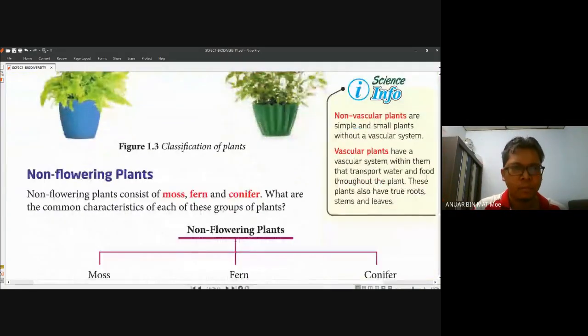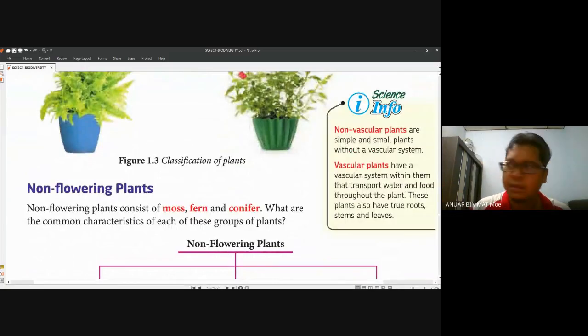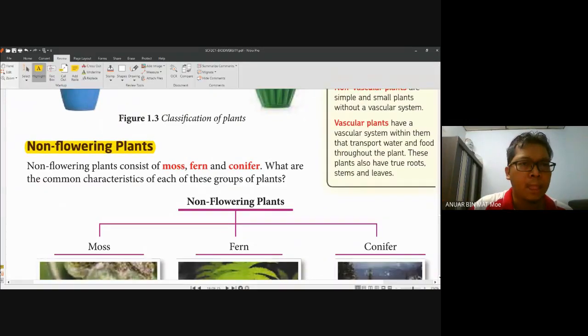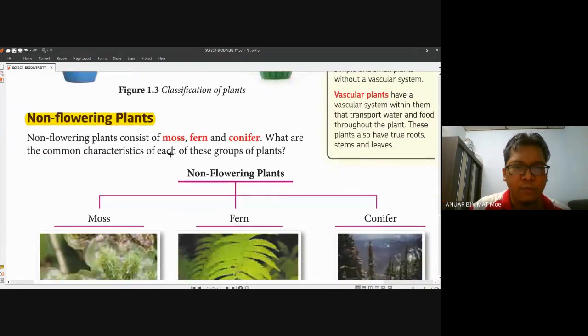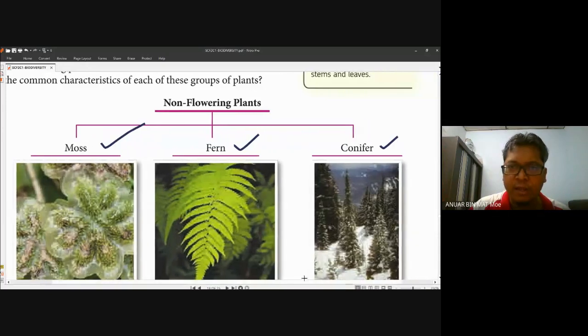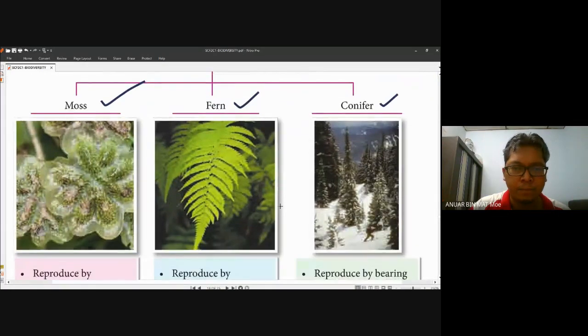We take a look at the first classification of plant, that is non-flowering plant. What are the examples? The examples consist of moss, fern, and conifer. Moss, fern, and conifer.